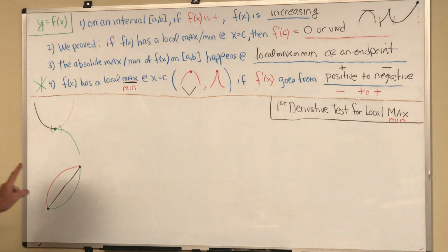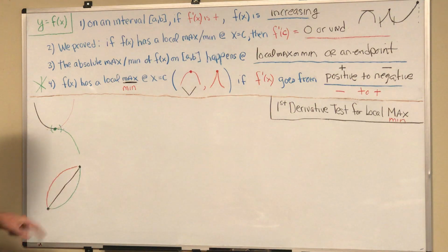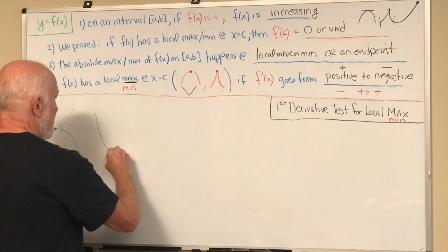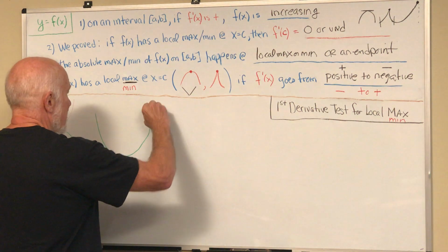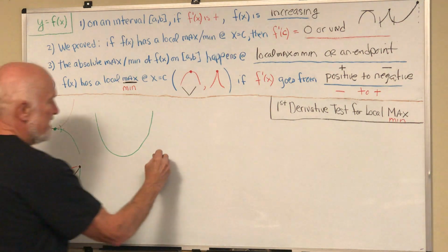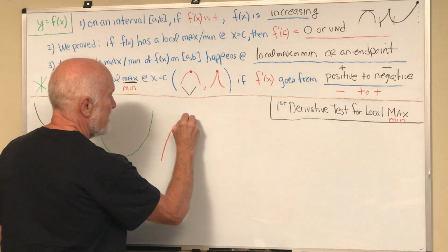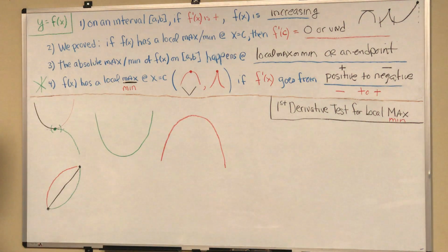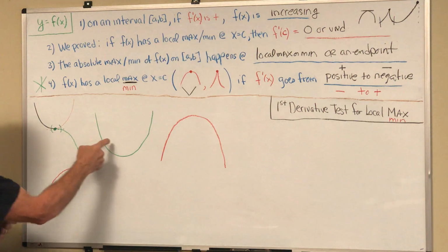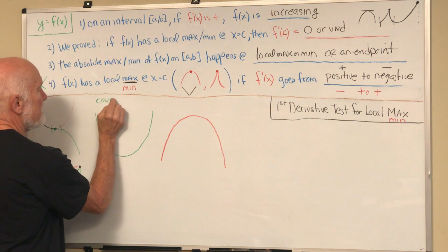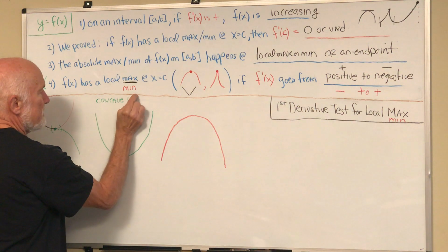So we should try to call these things something. Right here, this green shapes like this, and the red is this type of shape. So this has got a name. It's called concave up.